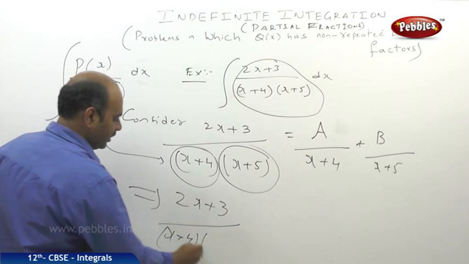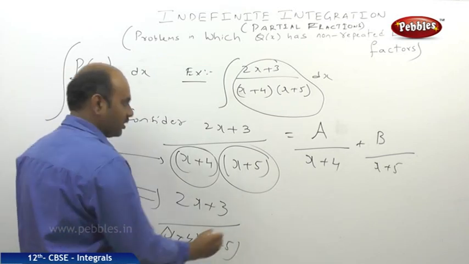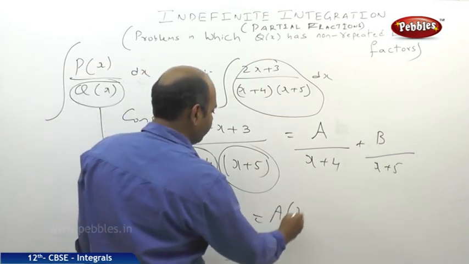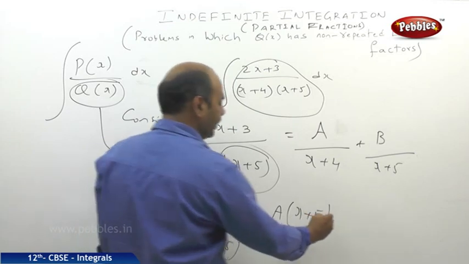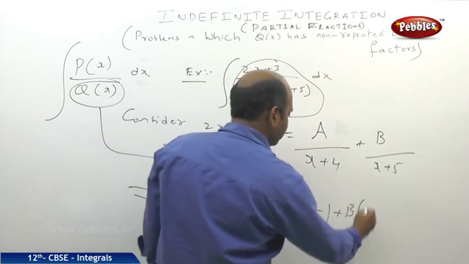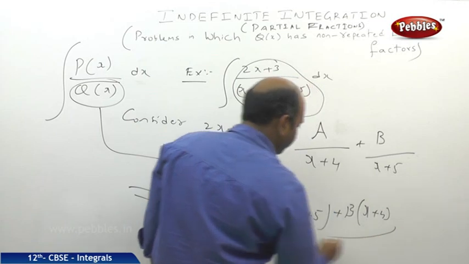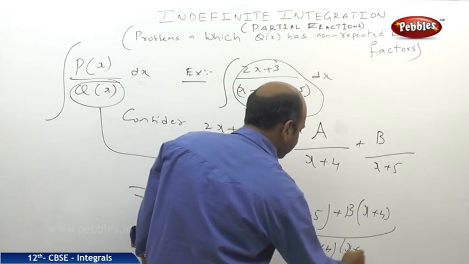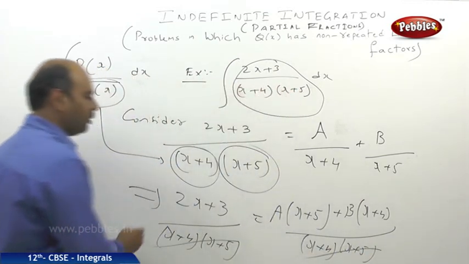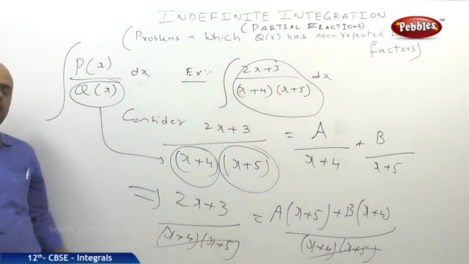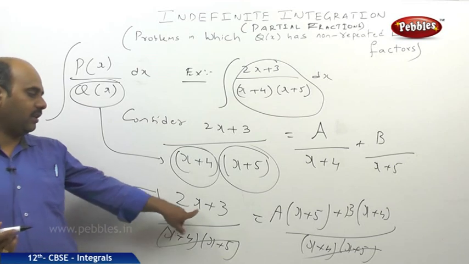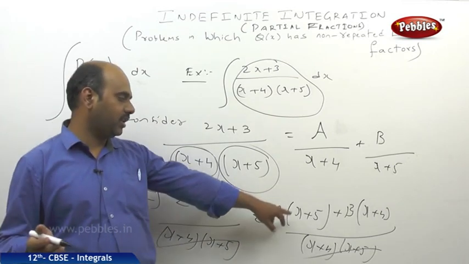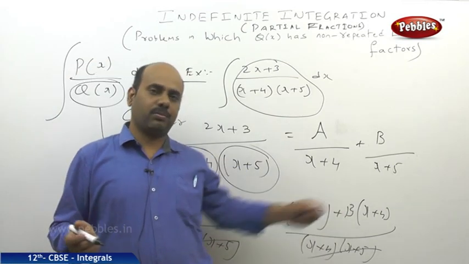Just observe carefully: x plus 4 into x plus 5. Here the LCM gives A into x plus 5 plus B into x plus 4 upon x plus 4 into x plus 5. Now the denominators cancel on both sides. After cancelling, there remains 2x plus 3 is equal to A into x plus 5 plus B into x plus 4.